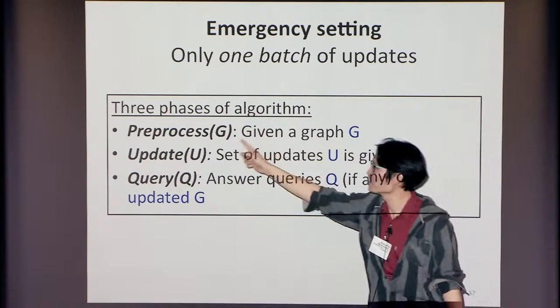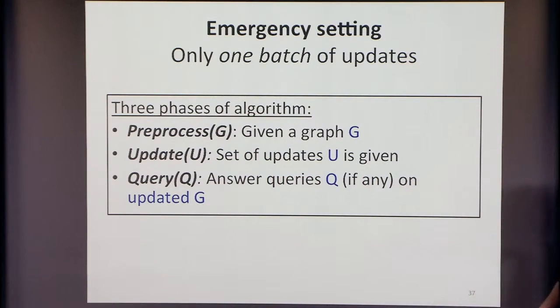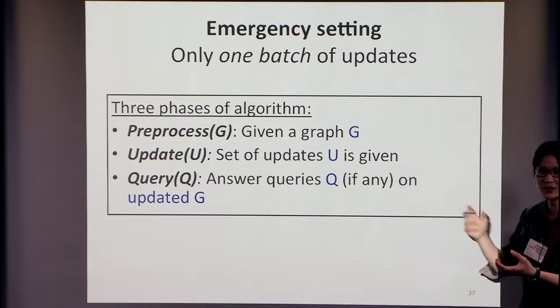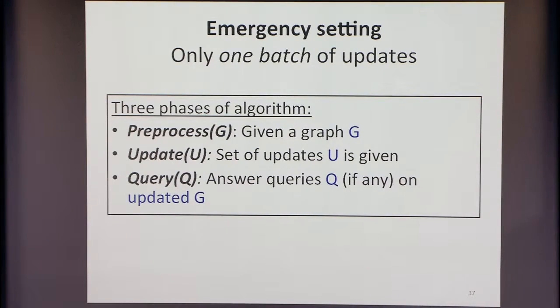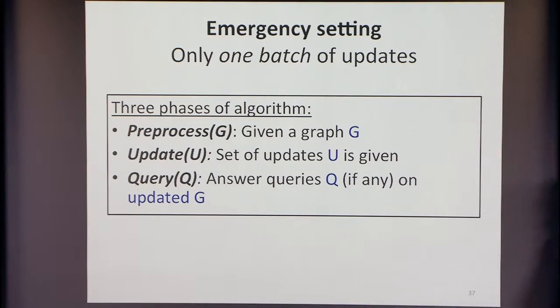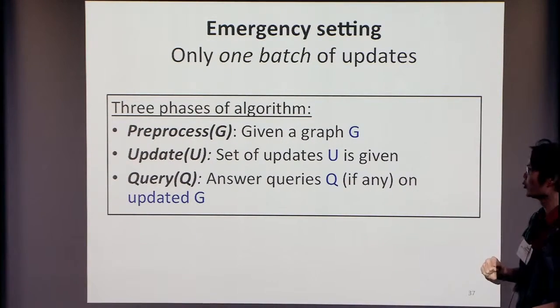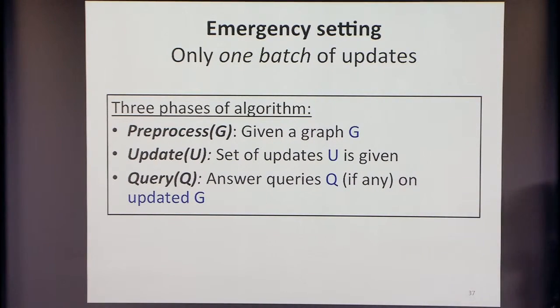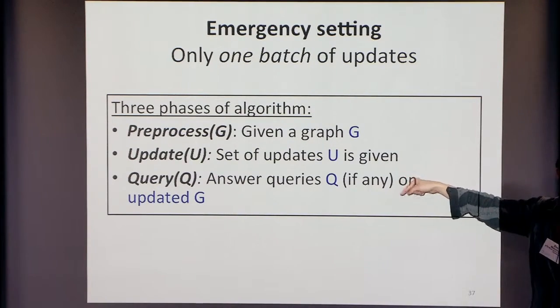Then there are some updates U to the graph, meaning you have this bunch of edge deletions and insertions. But the important thing is that they come in a batch, so you see all the updates at the same time, not one by one. And then in the last part, you are asked some query, if there's any query, after the graph is changed.